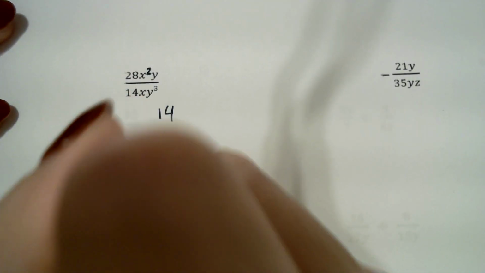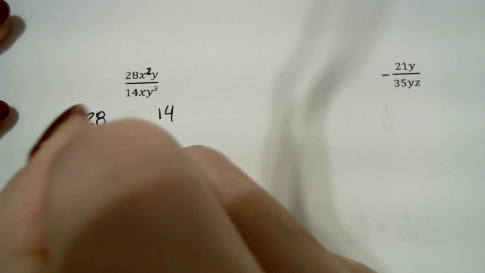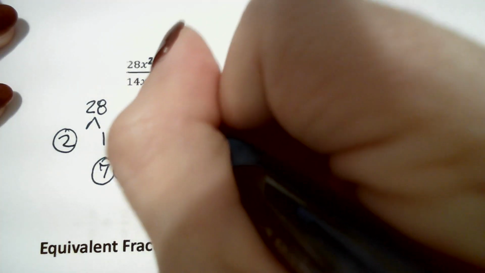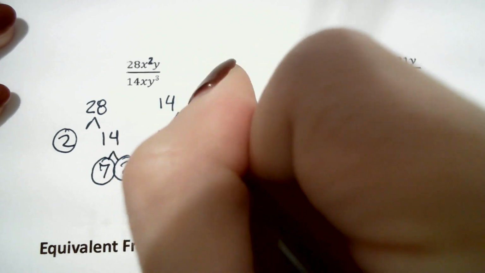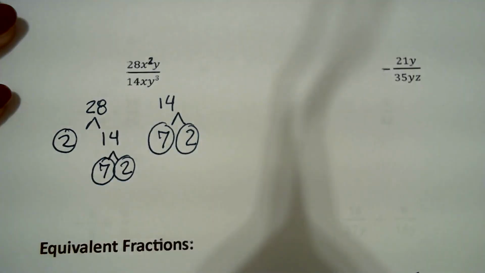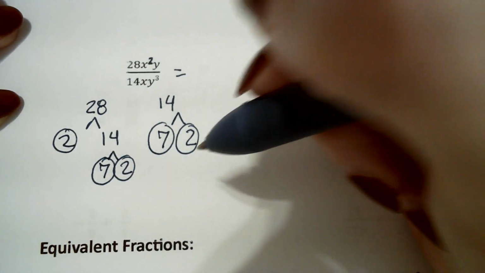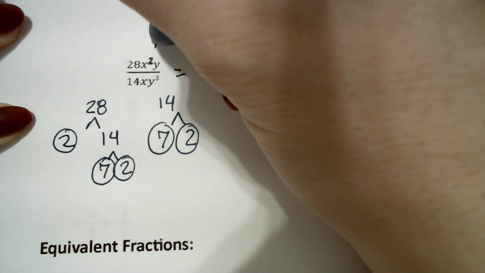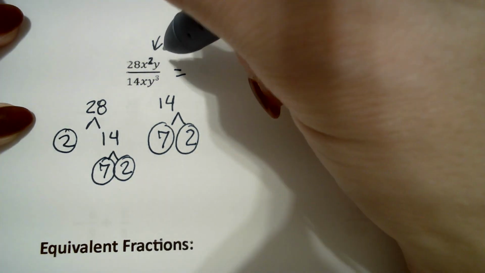14 breaks into 7 times 2. Now I'm going to rewrite my fraction with my prime factorization and my variables.